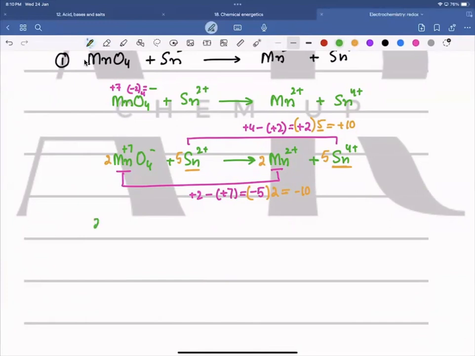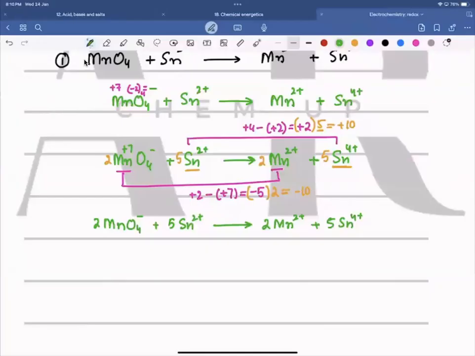Now after the change is balanced, I got this expression. Now what is the next step? Yes, Hamza, can you tell me the next step? Sir, balancing H and O. How? By adding what?